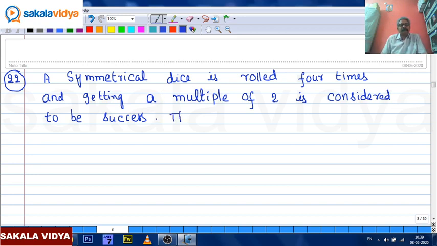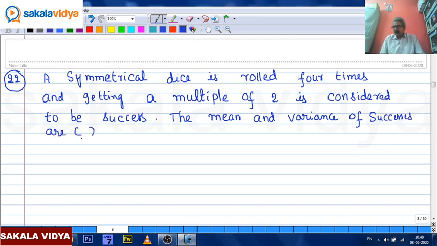The mean and variance of success are? First option 4 comma 2, second option 2 comma 1, third option 0 comma 2, fourth option 1 comma 2.